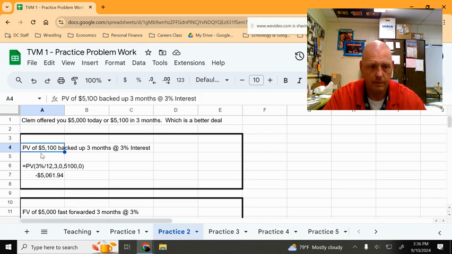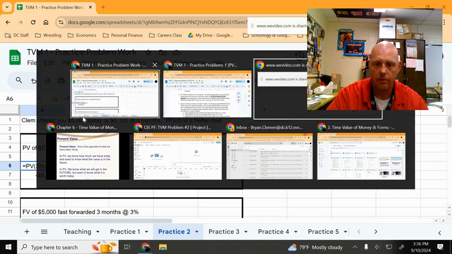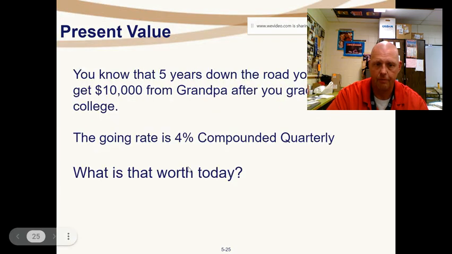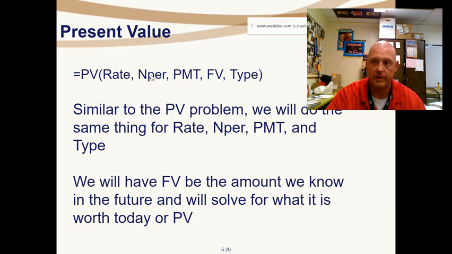As we look, we're going to write a formula, and we're going to use PV for present value. Now, all the rest of my formula is going to look really similar. The rate is in the same spot. That's our first option. And per is going to be in that second option. Payment is going to be our third option. Now, future value, the number we know in the future, is going to go here in our fourth option.